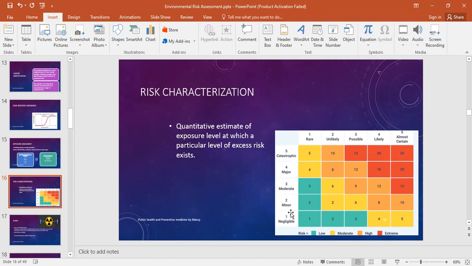There is negligible; number 2 is assigned for minor; number 3 for a moderate category; number 4 for a major category; and number 5 for catastrophic. And there is rare, unlikely, possible, likely, or almost certain. Then, if you measure any hazard, you give the number according to those categories.